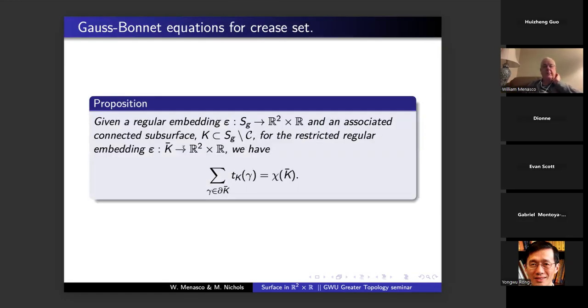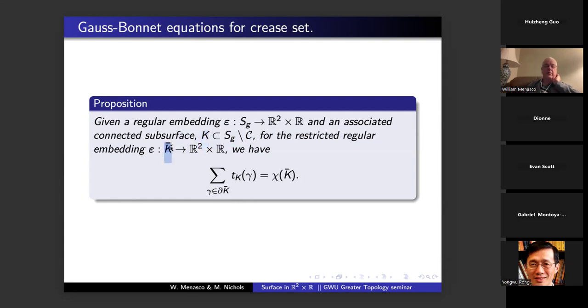So on each component K of the surface minus the crease set, we get this restricted Euler characteristic calculation just on that closure. So you take the surface, you embed it into R2 cross R, you project down, you get the crease set, then you delete the crease set to get a component.